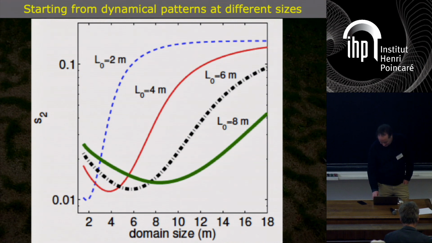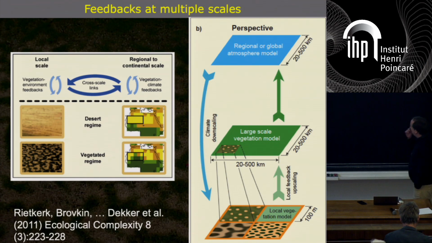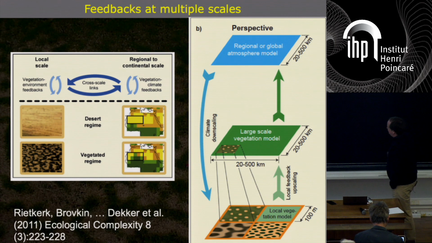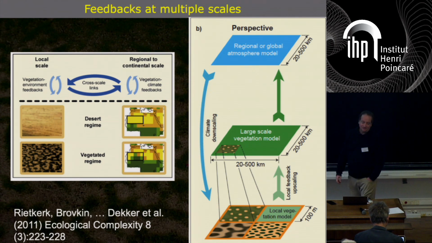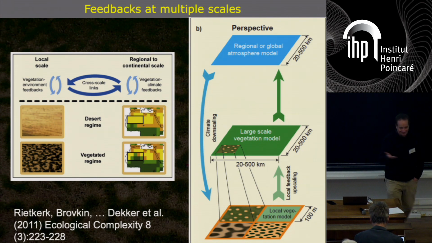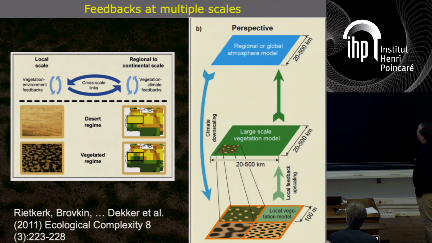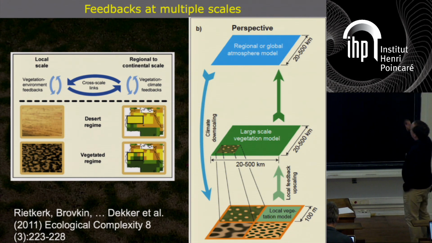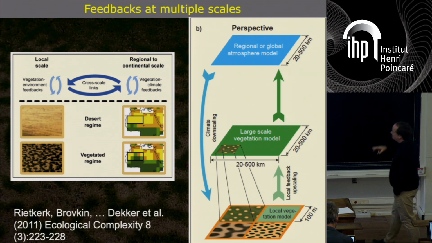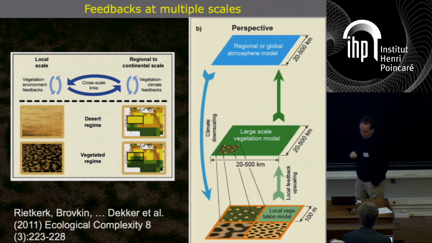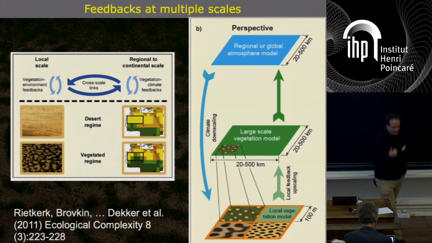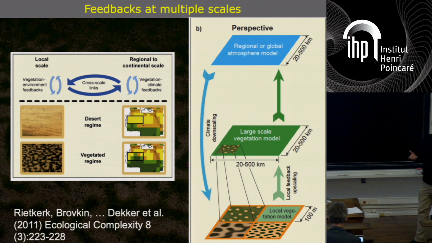And now we are going to a slightly larger scale. Here I have this slide, which is citing a paper which some of the people in this room wrote, a sort of perspective paper, which had this very nice idea that we should start really thinking about this: that we have local feedbacks acting at different scales, and some of these scales are not at all represented or cannot possibly be represented in modern regional or global climate models.